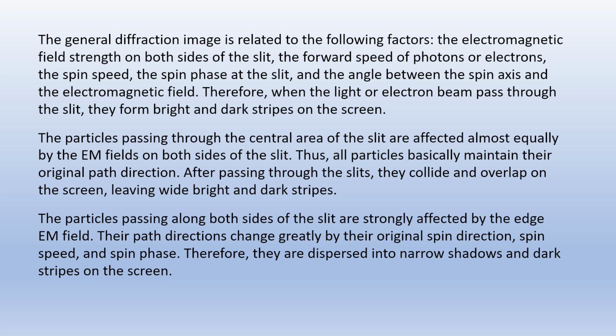The particles passing along both sides of the slit are strongly affected by the edge EM field. Their path directions change greatly depending on their original spin direction, spin speed, and spin phase. Therefore, they are dispersed into narrow shadows and dark stripes on the screen.